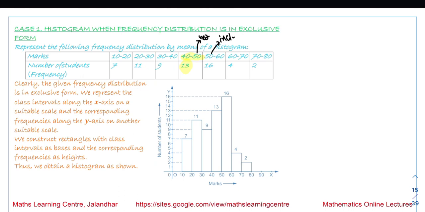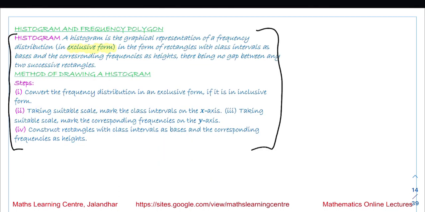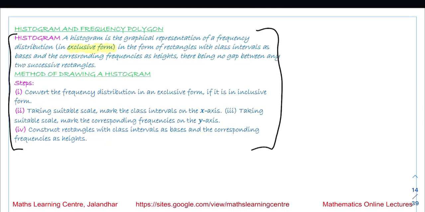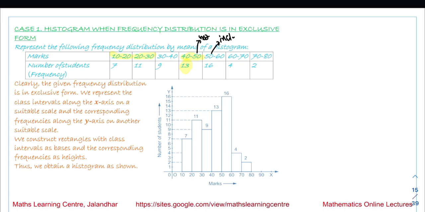Our first step said that we have to convert it to the required form, and the data is already given in exclusive form. Next, we take a suitable scale to mark the class intervals on the x-axis. The scale is clear: 10 to 20, 20 to 30, 30 to 40.